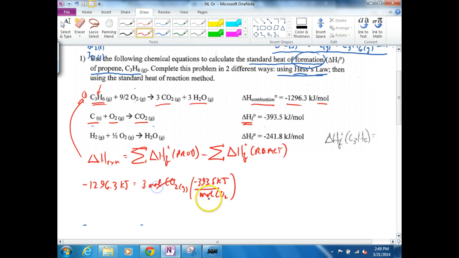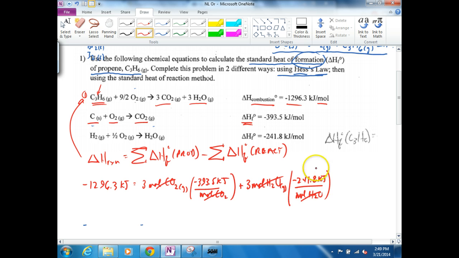So you'll see that that's going to nicely cancel for us and leave us with just kilojoules. We're going to add this to the other product, which is 3 moles of water, and that's gaseous water. If they had just given me a table of heat of formation values, I'd have to be very careful that I was using the right value for water. Okay, now that's going to cancel moles of water.